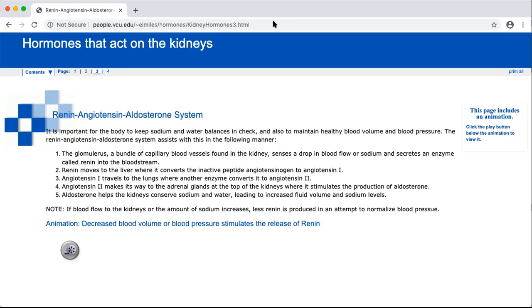Angiotensin 1 travels to the lungs, where another enzyme converts it to angiotensin 2. From there, angiotensin 2 makes its way to the adrenal glands at the top of the kidneys, where it stimulates the production of aldosterone. Aldosterone helps the kidneys conserve sodium and water, leading to increased fluid volume and sodium levels. If blood flow to the kidneys or the amount of sodium increases, less renin is produced in an attempt to normalize blood pressure.